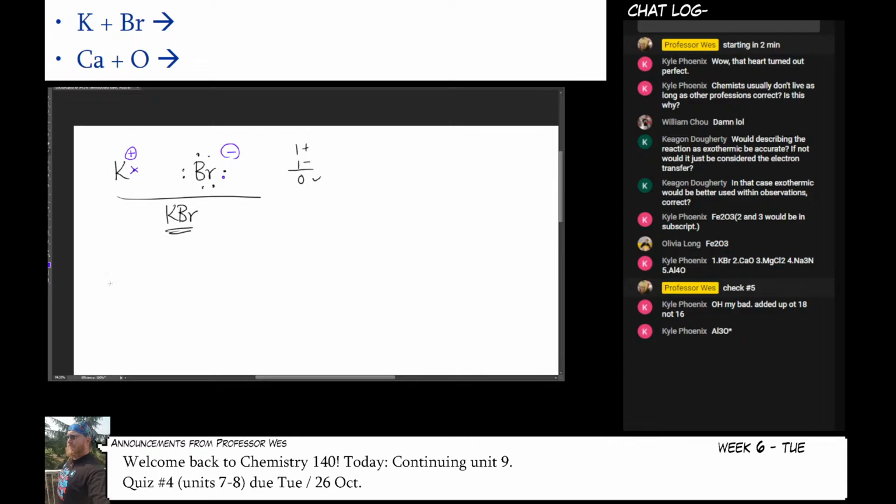You're going to notice that the second one does more or less the same thing. Here's my calcium and here's my oxygen. My calcium has 2 valence electrons, group 2. Oxygen has 6 valence electrons, group 16. We're going to get rid of these 2 to make an octet. We're going to add 2 to make an octet.